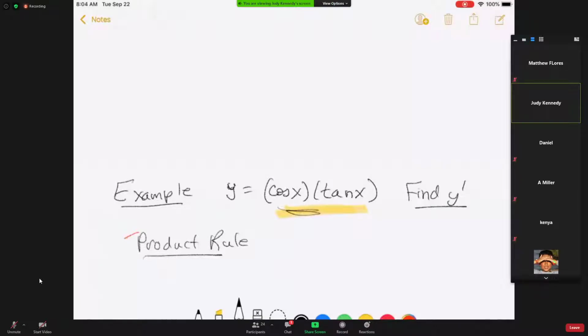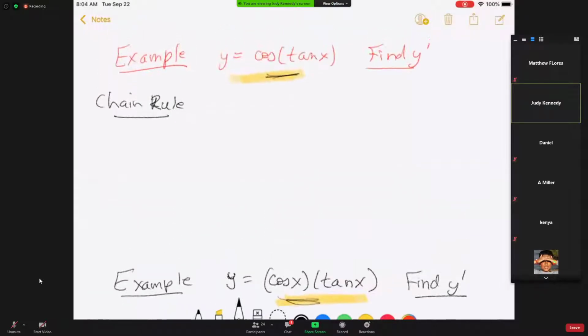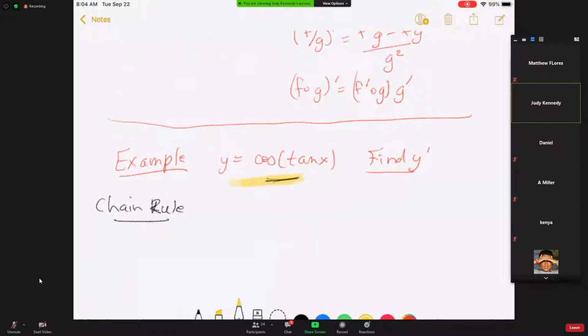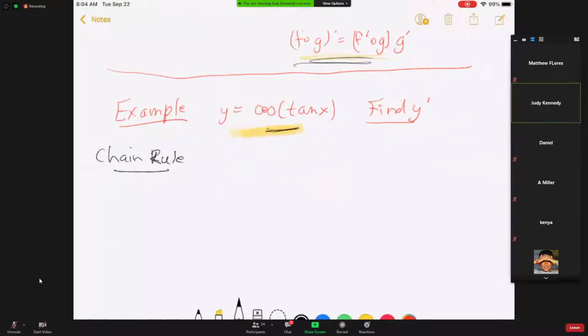One of the things you're going to be learning is how to pull the functions apart, how the functions are put together. Is it a product? Is it a sum? Is it a composition? That sort of thing. This is a composition, and that means we're going to need to use the chain rule, which is right there. You've got to identify your inside function and your outside function.